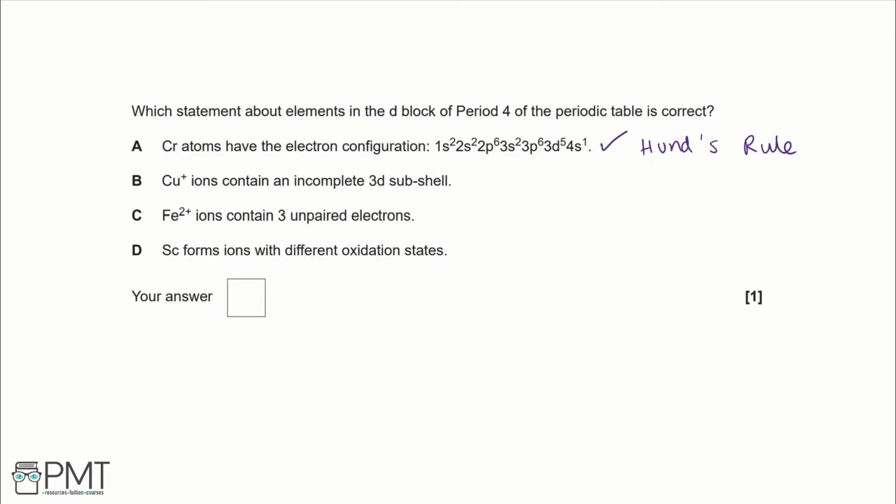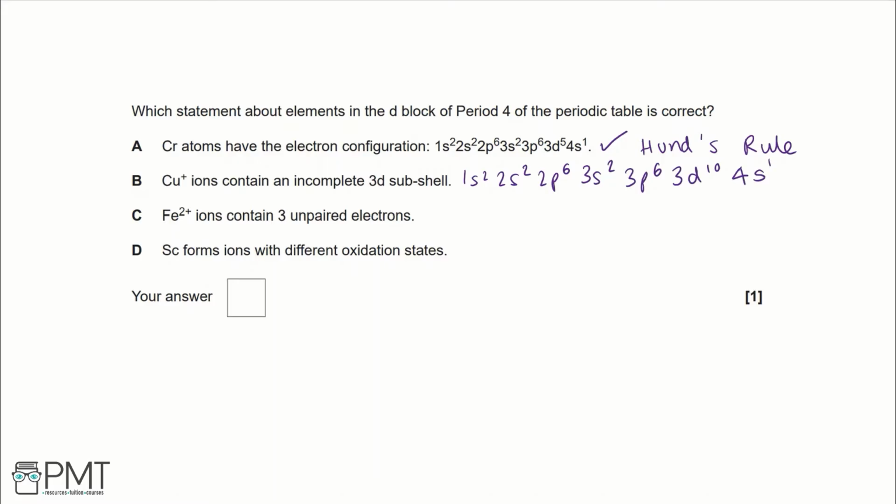Then looking at B, copper plus ions contain an incomplete 3d subshell. So if we do the electron configuration of copper first, that's going to be 1s2, 2s2, 2p6, 3s2, 3p6, 3d10, and 4s1.